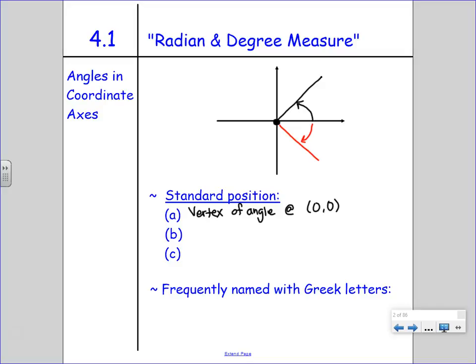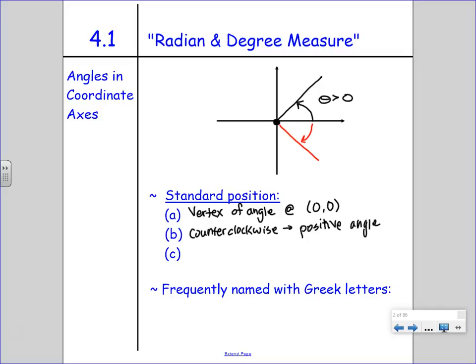If you rotate counterclockwise, it's going to be a positive angle. When you rotate counterclockwise, you're measuring the angle positively, therefore this angle theta would be greater than 0, a positive number.